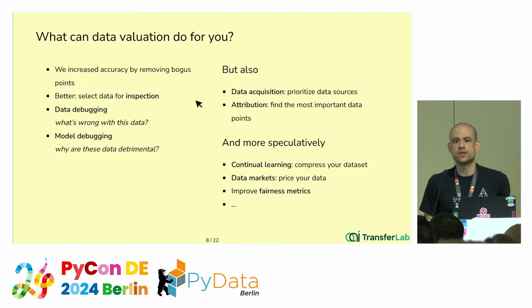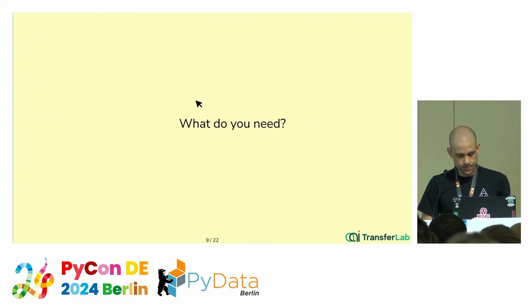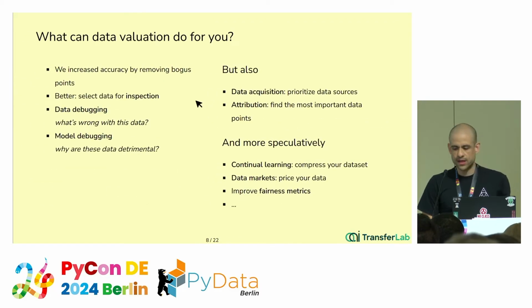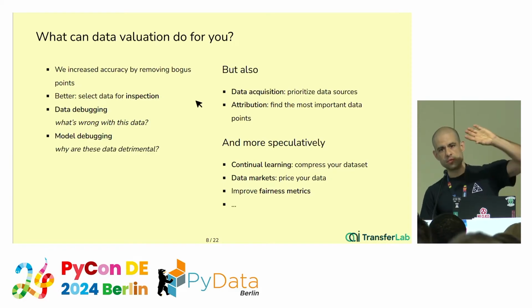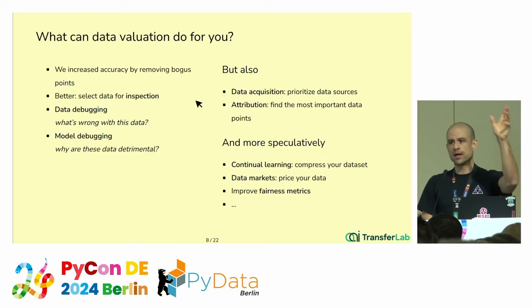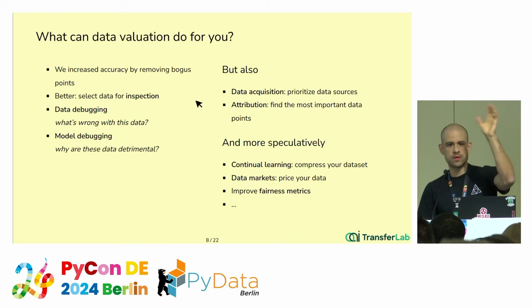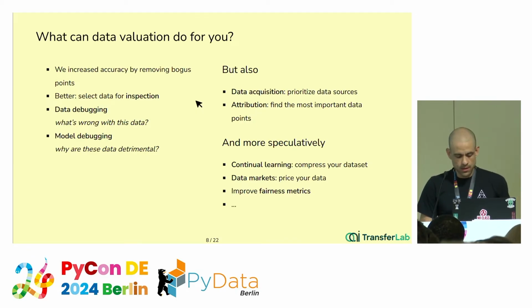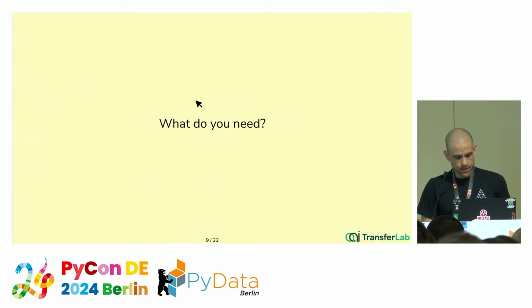And then in the literature, there are more applications that we're not going to be talking about now. Well, maybe I can say that there's some recent work in improving fairness metrics, where your scorer and the thing that you're interested in are different, and you can maybe improve the fairness of your model. This is some recent work published recently. Okay, so what do you need to do this?